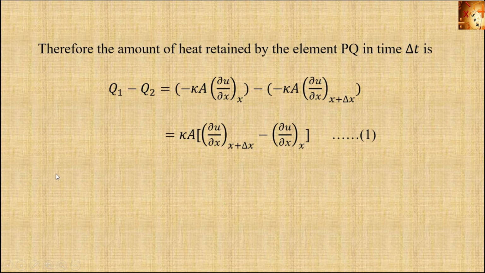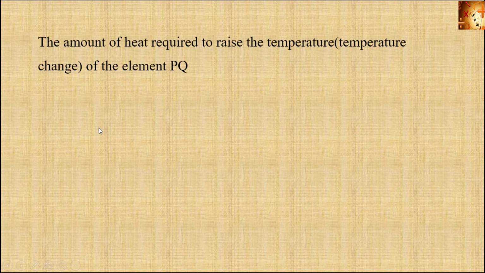Next we are using our third assumption. What is the third assumption? The temperature change is directly proportional to mass and ∂u/∂t. Therefore, the heat energy required to raise the temperature of the element PQ is Q = Cm ∂u/∂t. Mass is equal to density into volume.